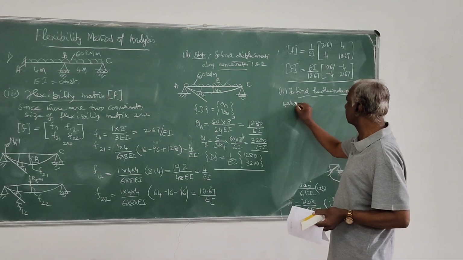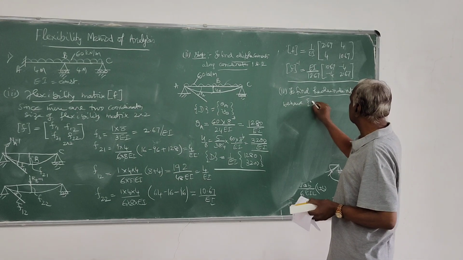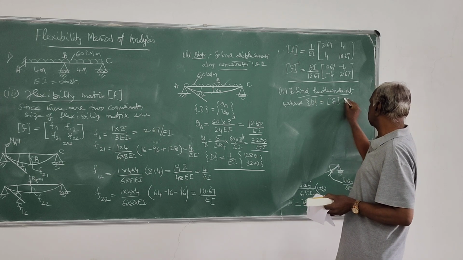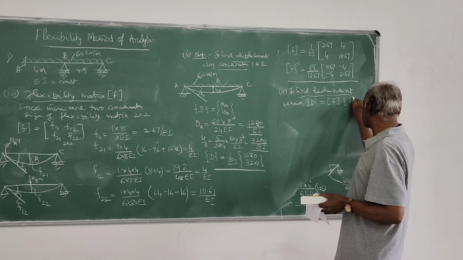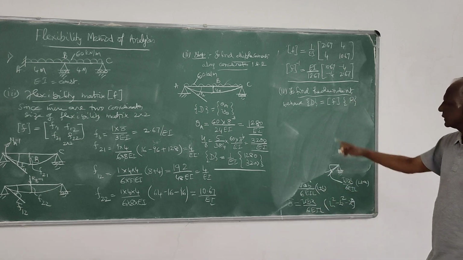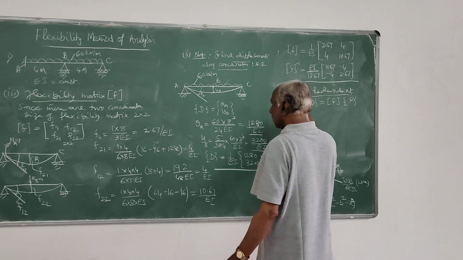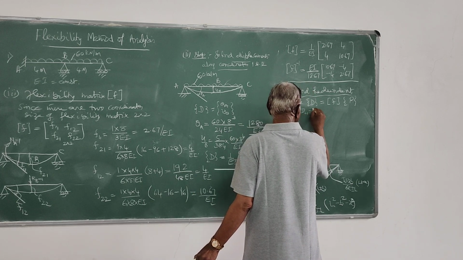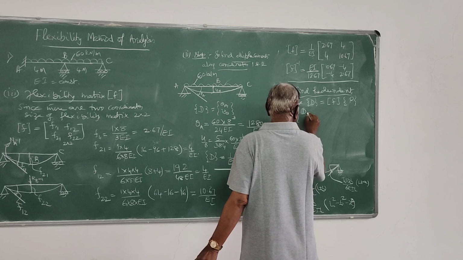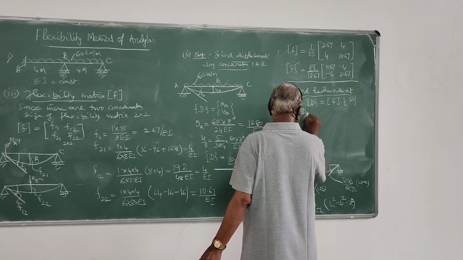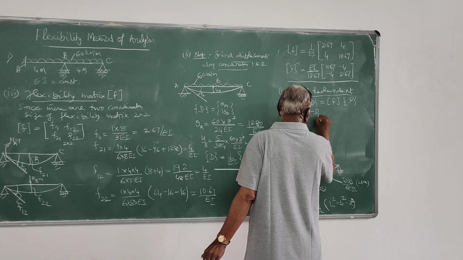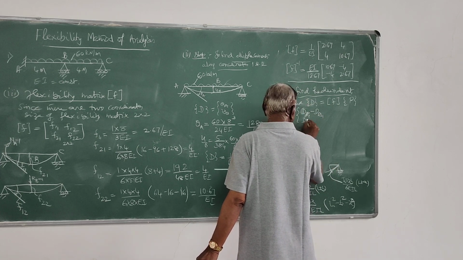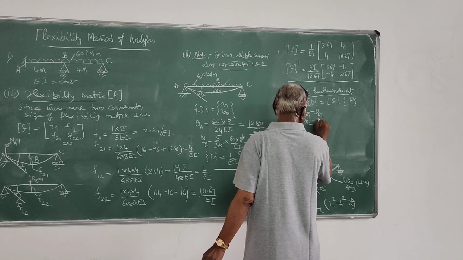So we have D is equal to F into force P. This D is nothing but your dr1 minus drL1, then dr2 minus drL2.